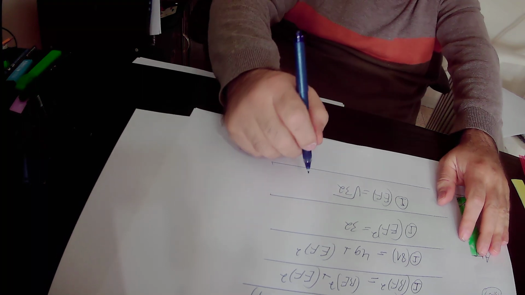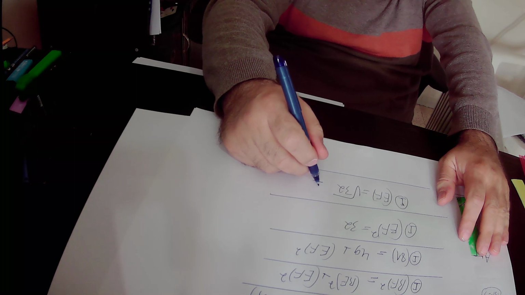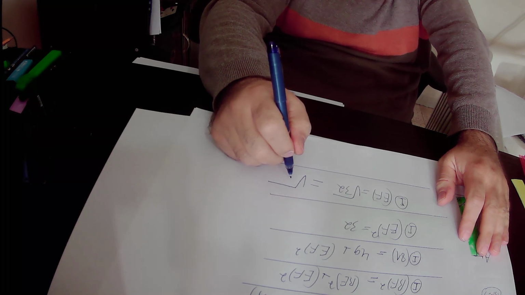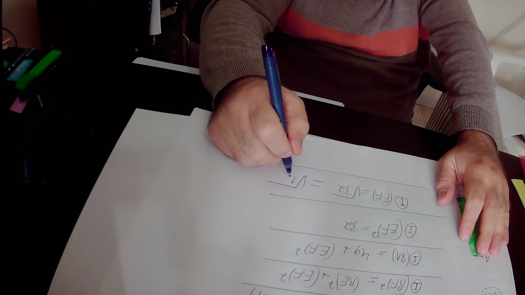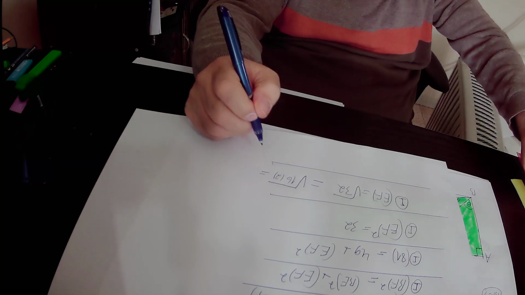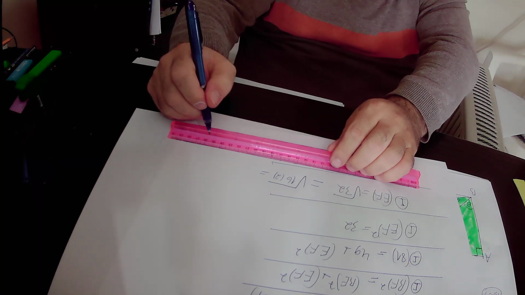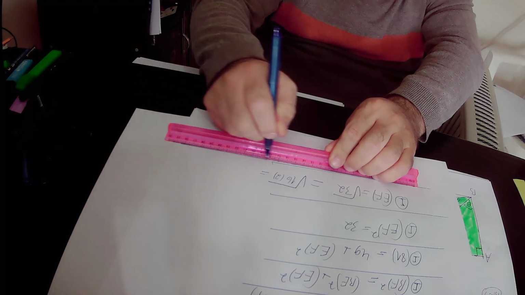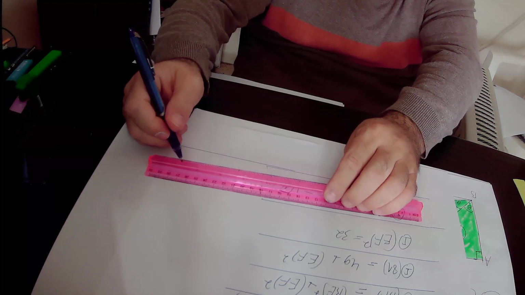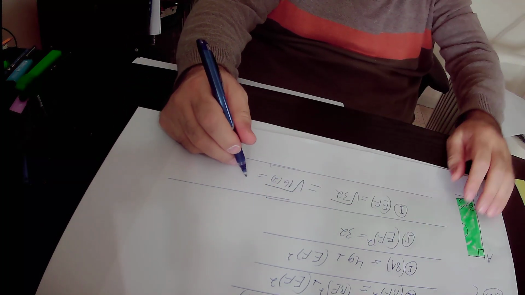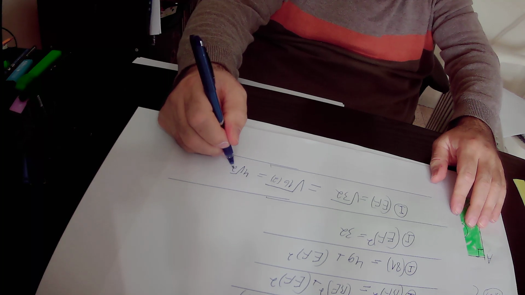Okay, but we know that 32 is 16 times 2. So we substitute 32 by 16 times 2, and the square root of 16 is 4, so I write it down. We'll get that it equals 4 times the square root of 2.